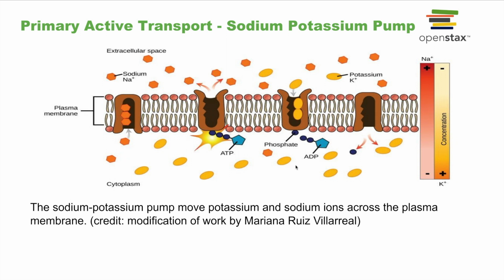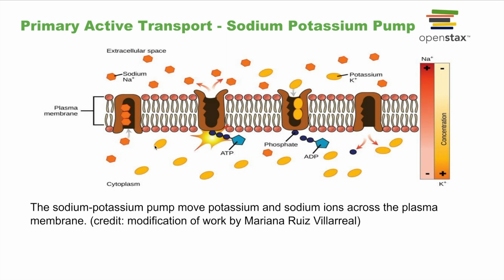So it creates a concentration gradient for sodium and potassium. And as a result, since you're pumping 3 sodiums out and 2 potassiums in, there's also going to be a buildup of negative charge inside and positive charge outside. So this pump works to make our cells into a battery.